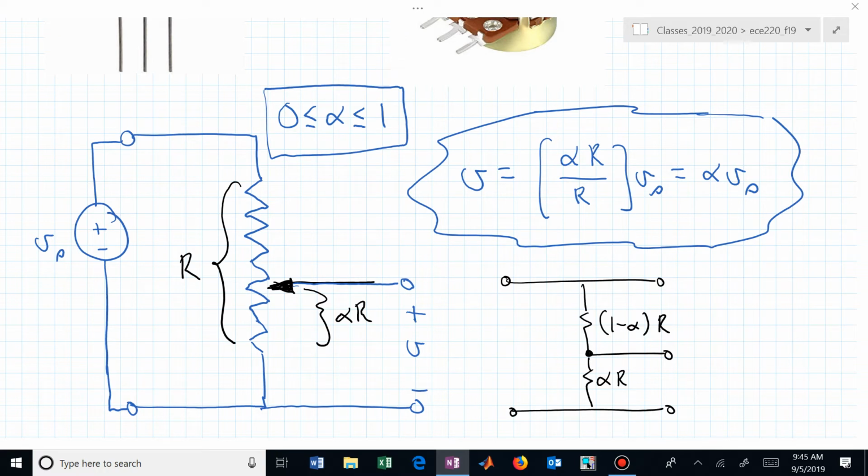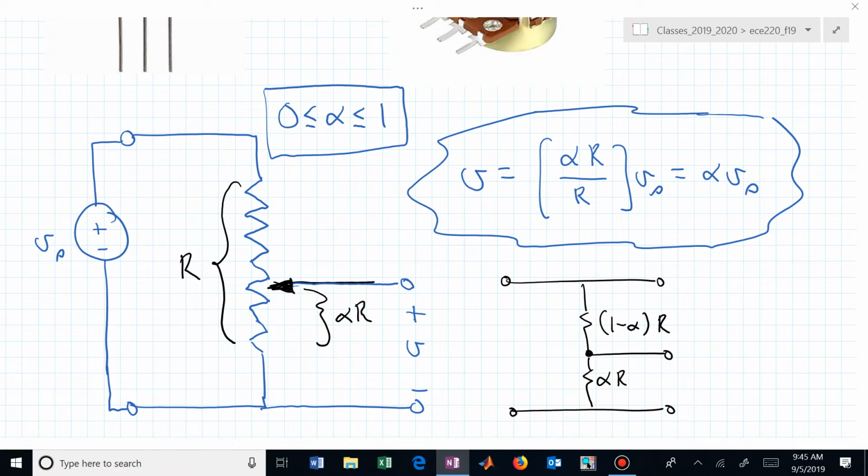That means that the R sub 2 that you're used to seeing is 0.25 R, where in this case R was 1K. The total resistance, that was the entire sum of all of those stacked resistors in series, that's now R, which in this case is 1K. And we have R sub 2, alpha R, divided by R total.